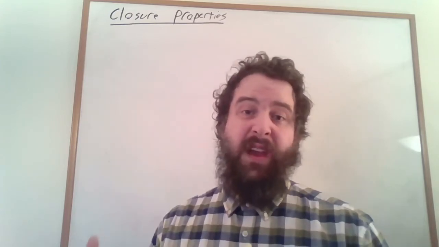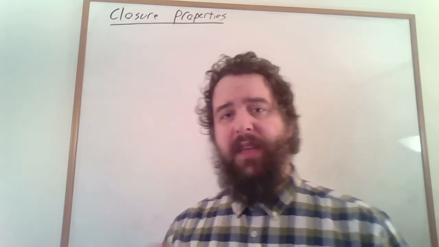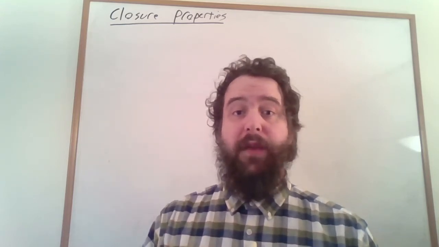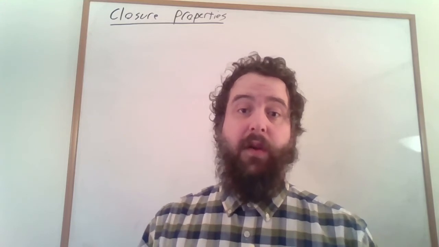For the next video, we're going to need some closure properties that might seem a little bit odd initially, but make sense when you think about things in terms of multi-input automata.